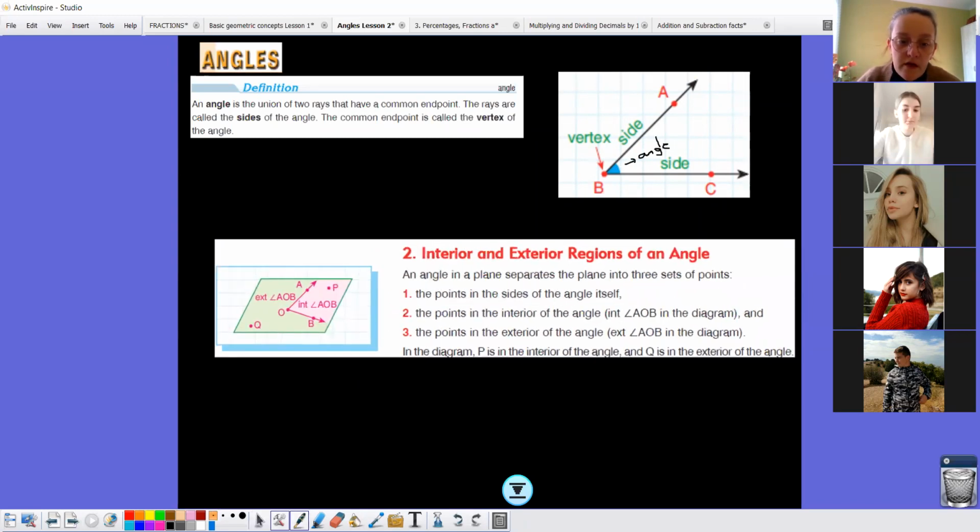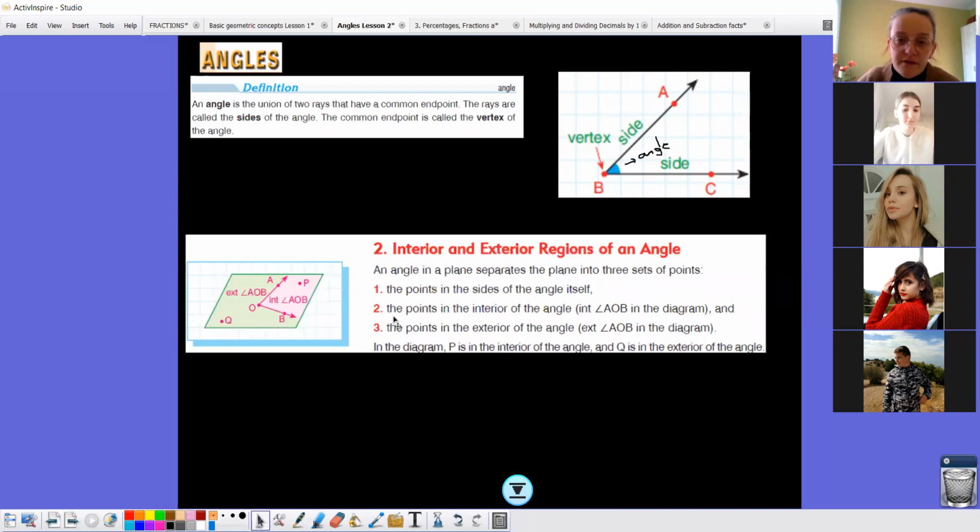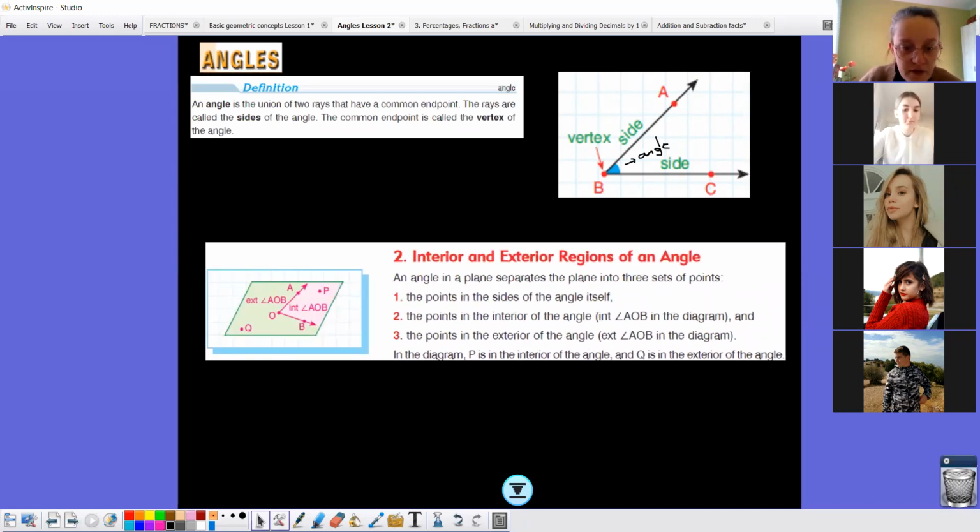Now here we have the interior and exterior region of an angle. If you can see here, one angle is given. Look, two rays, we have AOB. By the way, how do we read angles? For example, this one. When I read this angle, I will say ABC or CBA. We show angle with this symbol. In the book that you are using now, pre-geometry, it's seen like this.